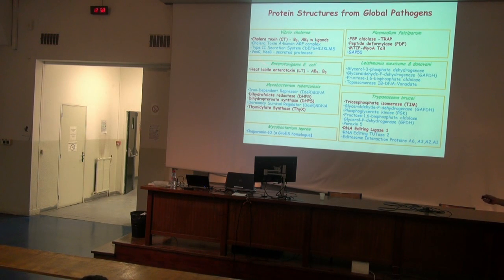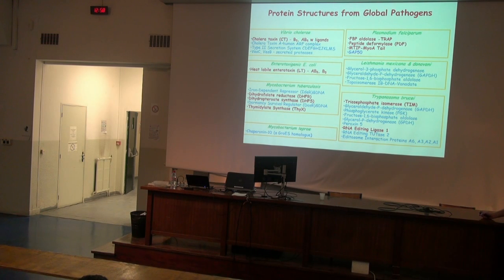This is enterotoxigenic E. coli, cause of many children's diarrhea, also traveler's diarrhea. I don't need to say anything about tuberculosis or about leprosy in this building, of course. And then we have worked on cholera toxin and various variants, and then here the type 2 secretion system I talked about this morning, and the secreted proteases. And tuberculosis.